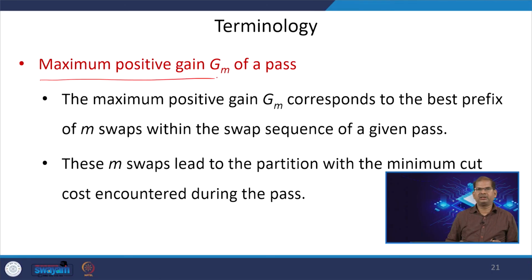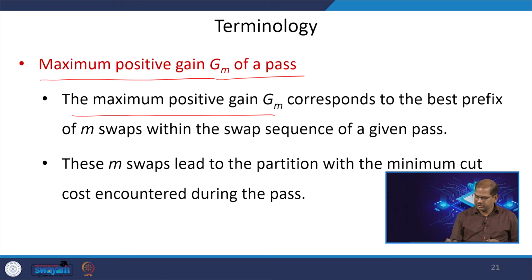Now, the maximum positive gain. If I am computing delta G for each pass, the maximum gain is denoted by G of m for a pass. This maximum positive gain is the gain at the iteration where I get the maximum gain from swapping nodes in a given pass.